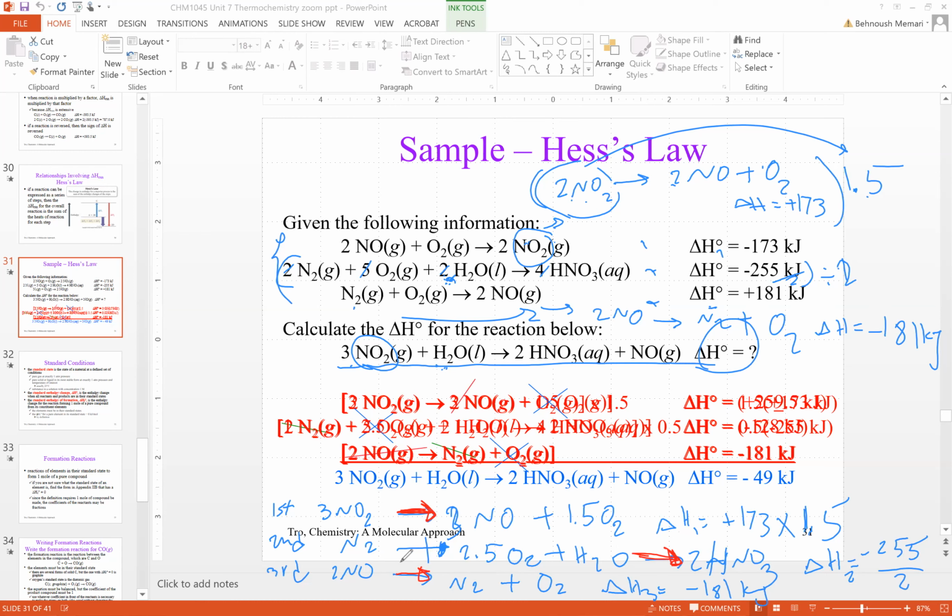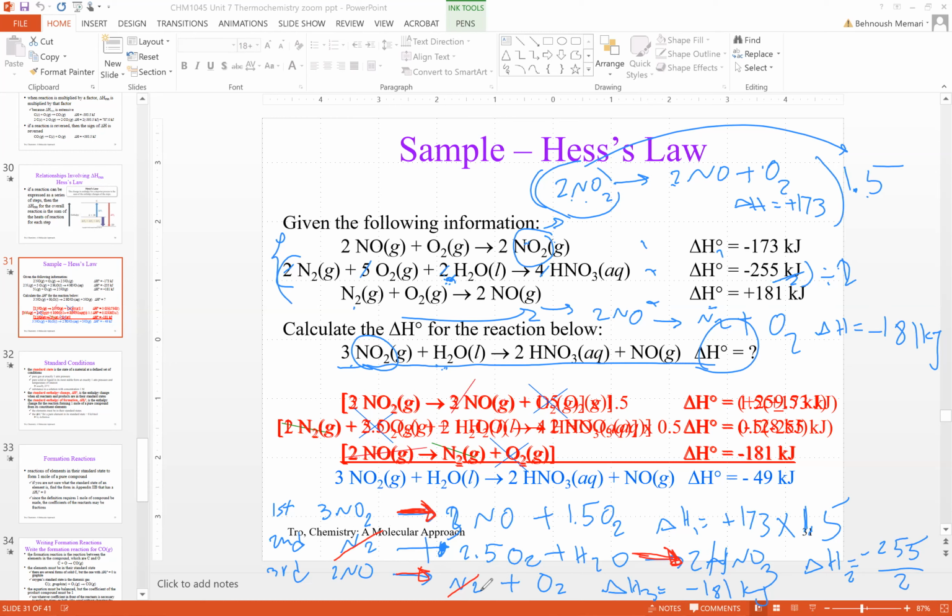And then anything to the right side would go on the product. Like terms are going to be canceled from both sides. Before you add, you can try to cancel the like terms from opposite sides. So N2 from the second reaction on the reactant side and N2 on the product side from reaction 3 can be canceled.